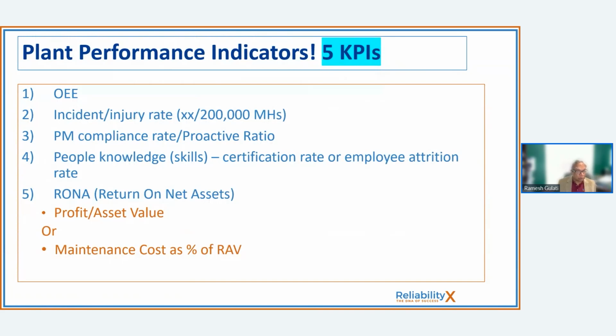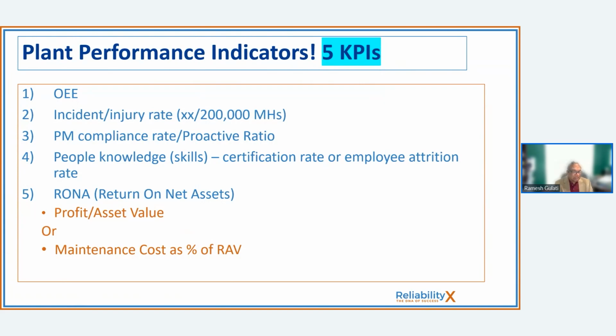Another could be people knowledge and certification, what percent of people are certified in that place, or employee attrition rate, the morale of people. If a lot of people are leaving, that's the attrition rate. Other could be RONA, return on net assets, profit over asset value, or maintenance cost as a percent of replacement value.